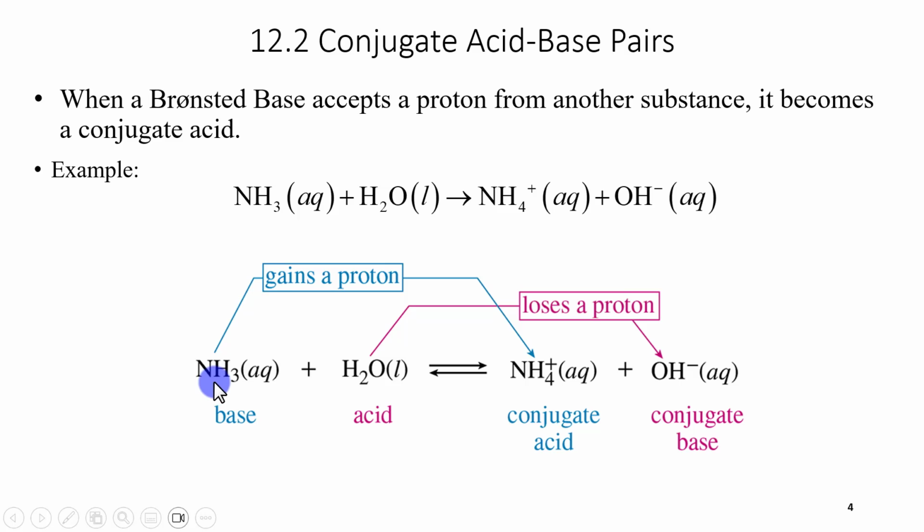It doesn't look like the NH3 molecule or part of it. That's how you can tell whether they belong together or not. When you determine which one is gaining the proton and which one is losing, whatever's left over from losing the proton is the conjugate base of the acid. Whatever is formed when the proton is gained is the conjugate acid of your base.